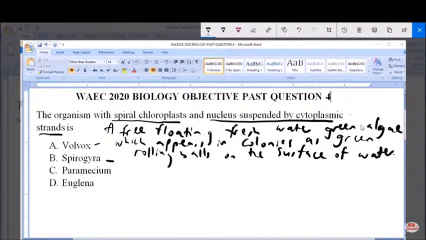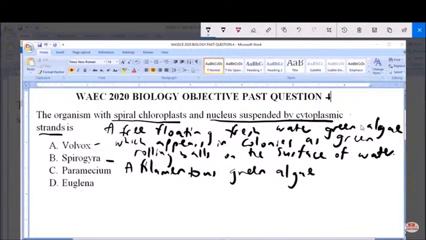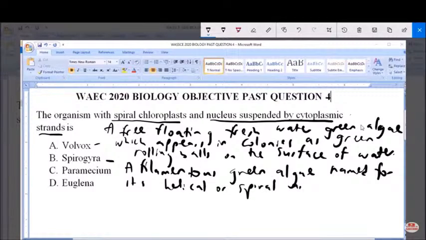Option B, the Spirogyra, is a filamentous green algae named for its helical or spiral arrangement of chloroplasts.